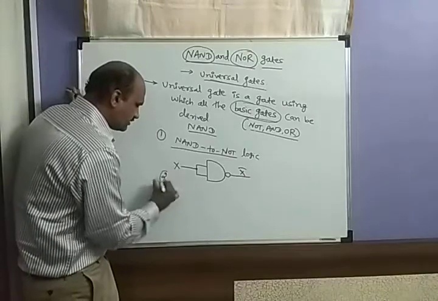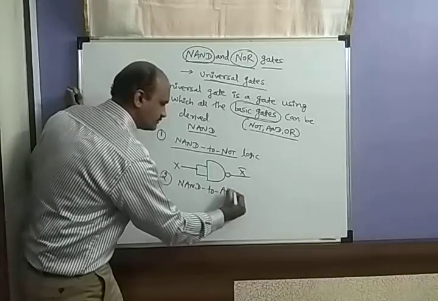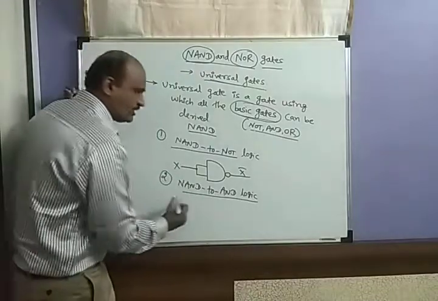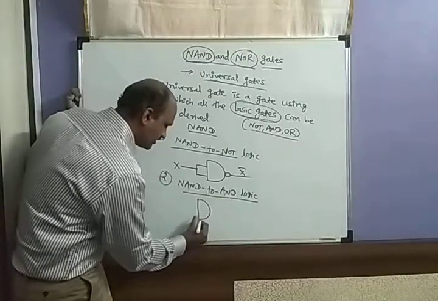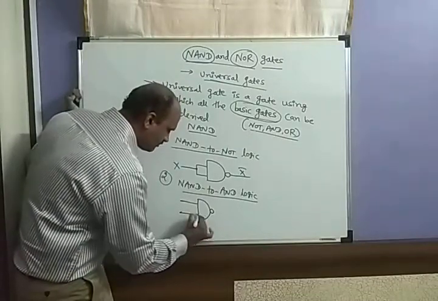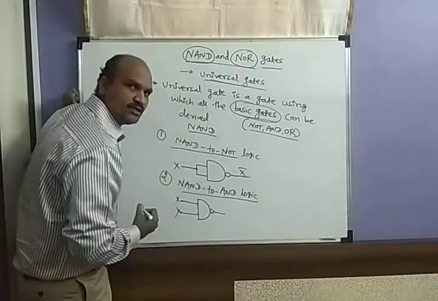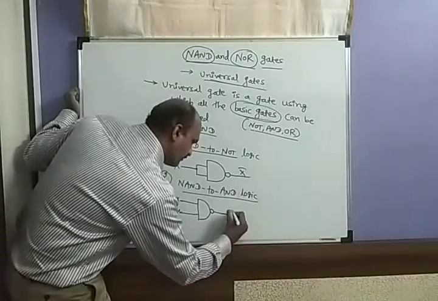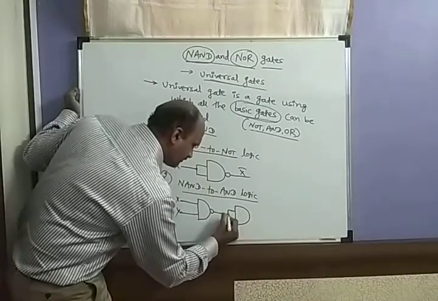And the second one, NAND to AND logic. Here AND should be X into Y, so we derive it like this. There are two inputs, X and Y. Another NAND gate will be derived.